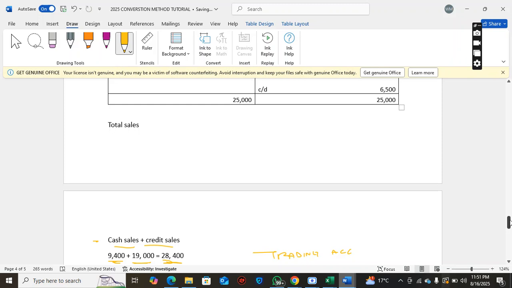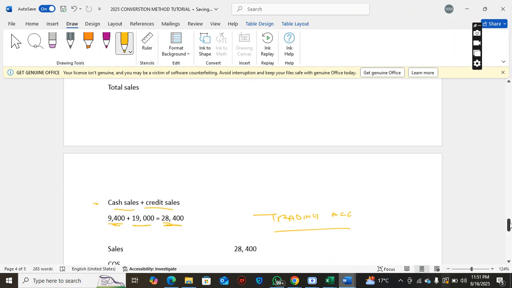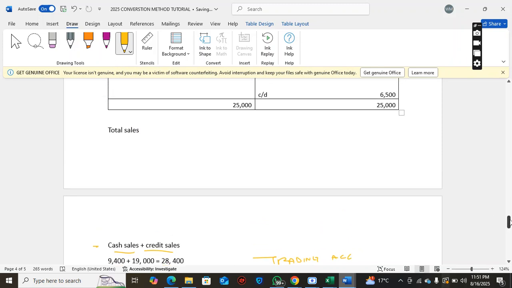What's the first item that comes on the trading account, colleagues? Mr. Chimonia? What is the first item on the trading account? The first item?